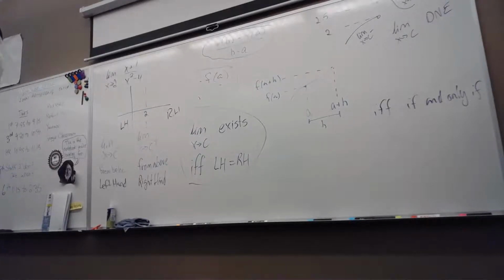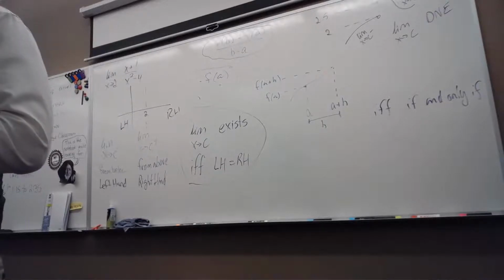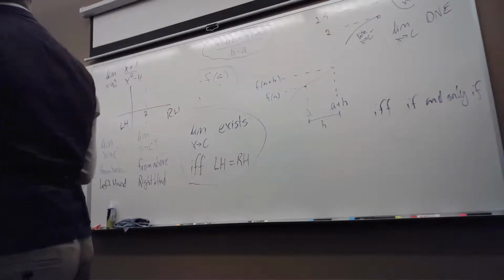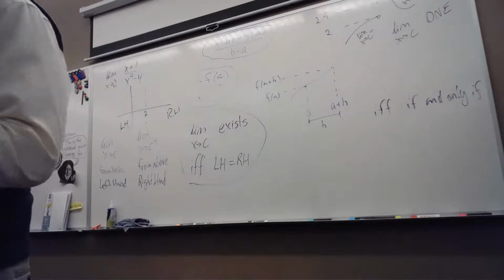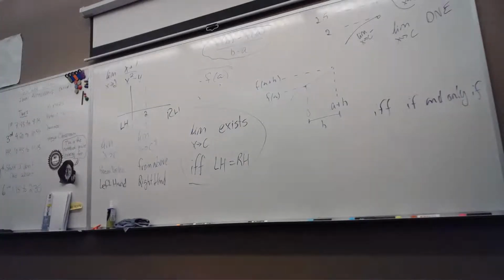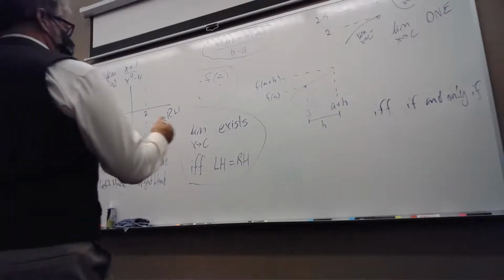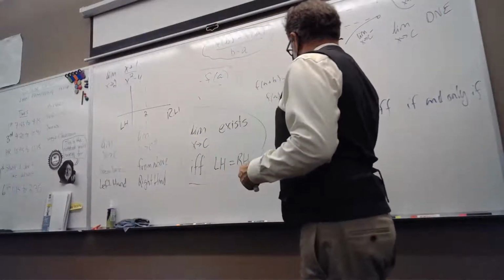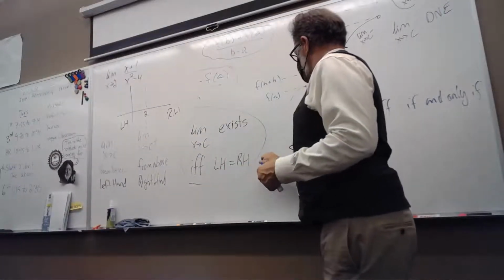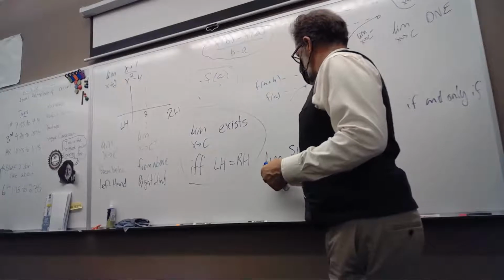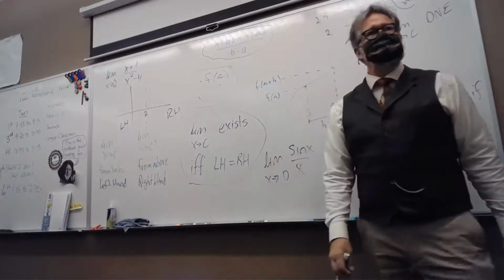That one's actually fairly simple algebraically, because I could just say, well, what happens if I put in 1.99, which is on the left-hand side, and what happens if I put in 2.01, which is on the right-hand side, and I can see what happens. But there's ones that we'll see later on. For example, what's the limit of that?